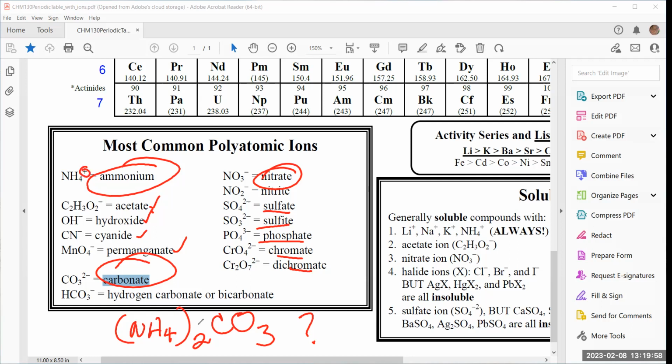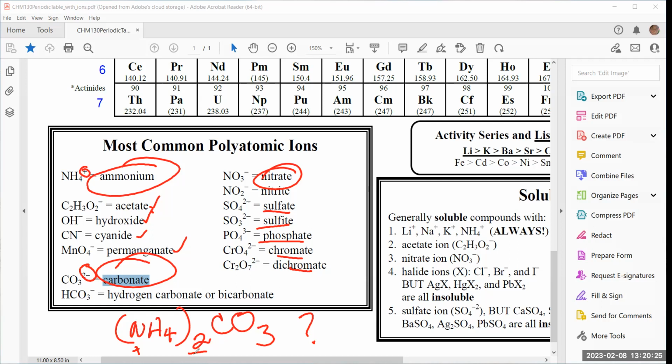The reason we put a parentheses here is because notice the carbonate has a -2. The ammonium has a +1. I have to put enough positives and negatives together so they cancel each other out. Since each ammonium has a +1, I need 2 of them, and since I need 2 of them, I have to put a parentheses around it. And it's called ammonium carbonate.